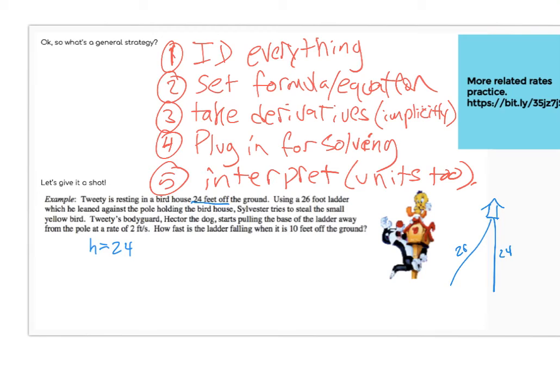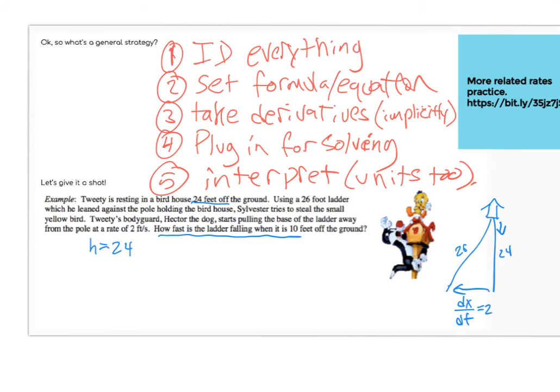Starts pulling the base of the ladder away. So as the ladder gets pulled away, this 24 number is going to start to slide down. So it's pulling the ladder away. I'm going to say this is x, so dx/dt is going to be 2 feet per second.